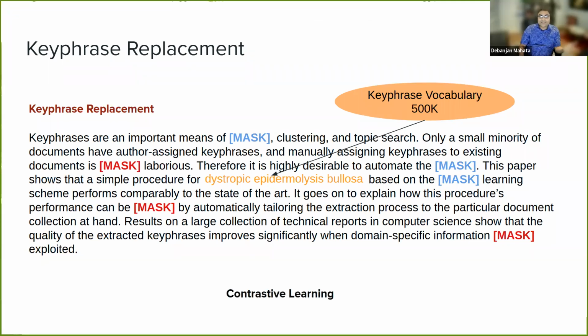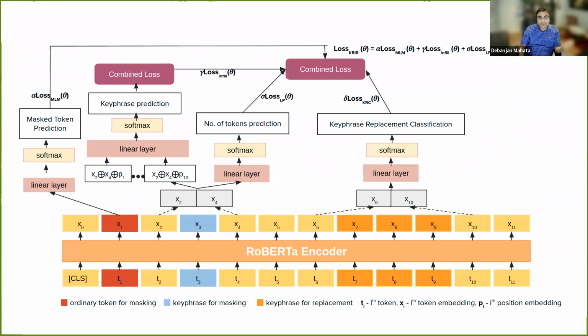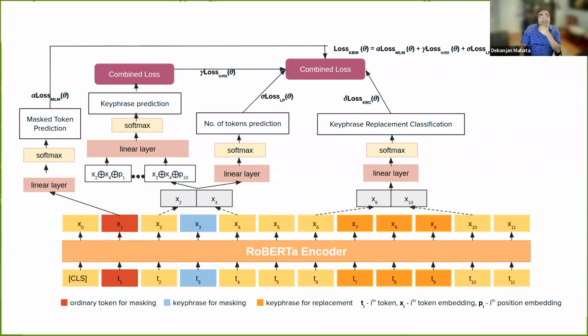This introduces contrastive learning, which really helps to quickly and accurately learn these phrase representations. Ultimately we combine these losses and train this model in a multitask learning setup. So this is the KBIR objective.